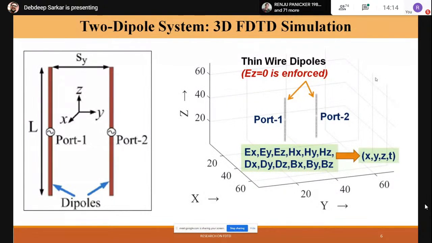Since I am modeling in a Cartesian coordinate system, I have the x, y, and z components for all four quantities, E, H, D, and B. Not only that, each component is now a function of x, y, z, and t.